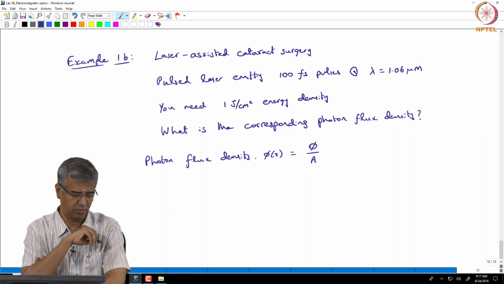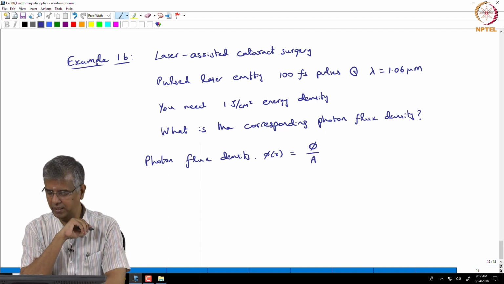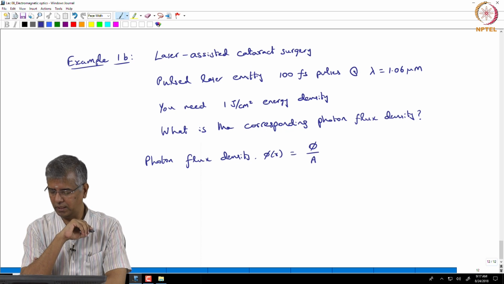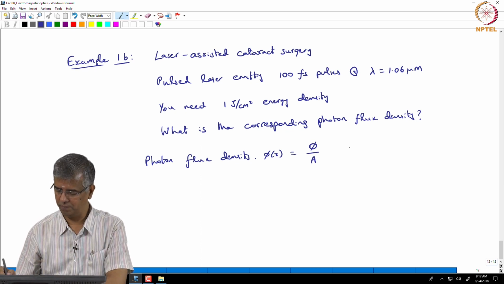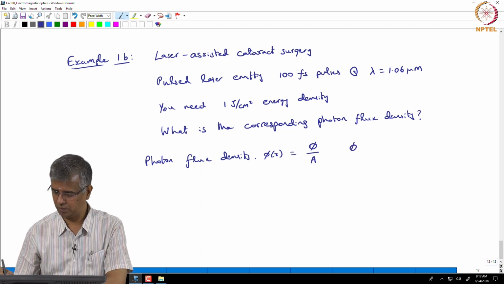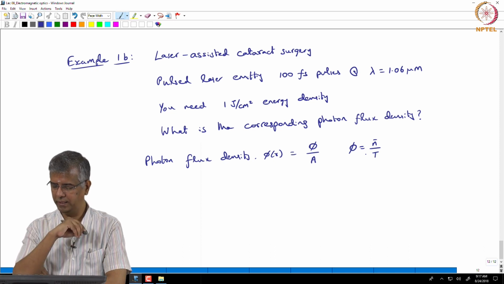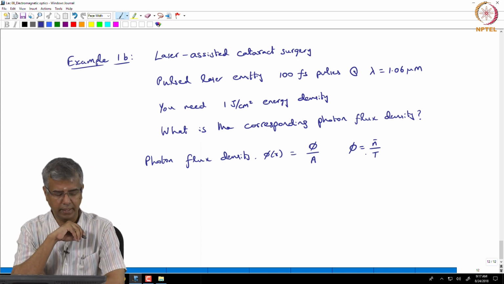So, that is what photon flux density is, and we know that from our discussion in the previous problem, we know that phi corresponds to n bar over T. Okay.